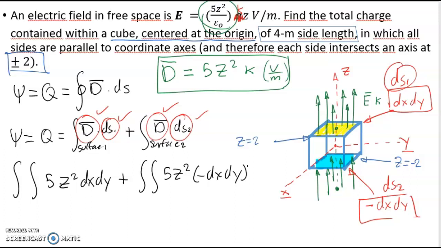And here, this double integration represents integration about x and integration about y, for each term.